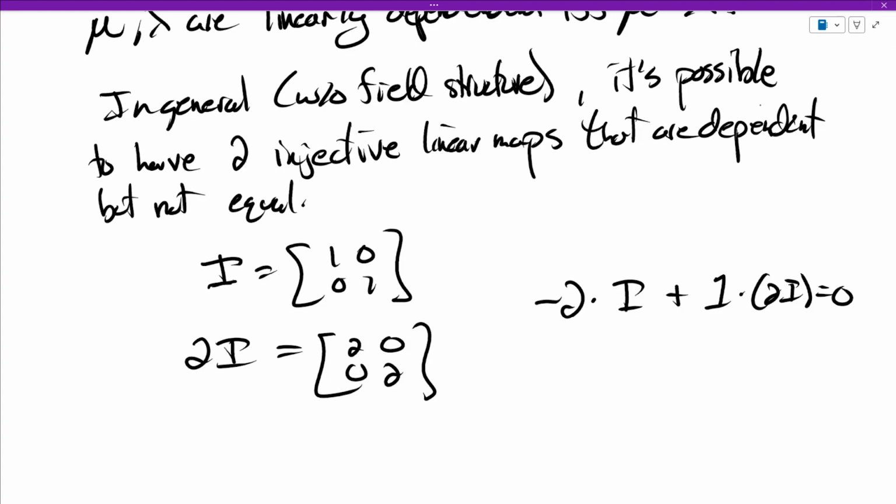And what's special? Well, although the identity happens to be a field monomorphism, twice the identity is not a field monomorphism. So let me just label that, maybe in orange. This one's a field monomorphism. In particular, it's also a linear map. This one's just a linear map.